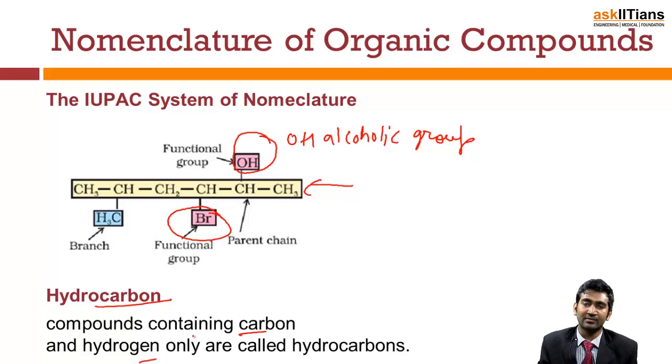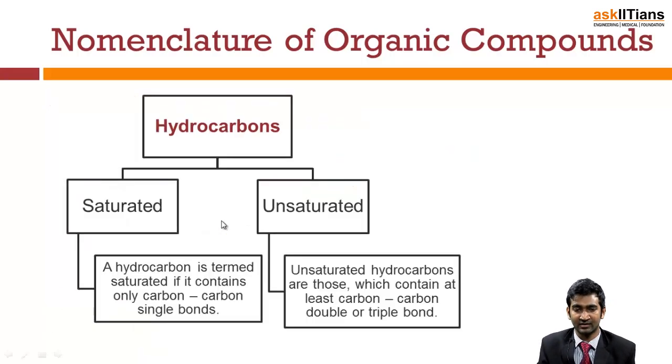And in your organic compounds, oxygen, nitrogen, fluorine all come up with the carbon atom. So this is the parent chain, this is the functional group, and this is a branch, because it is the ethyl group only. So we say it is a branch chain.